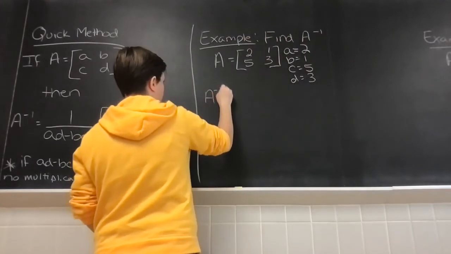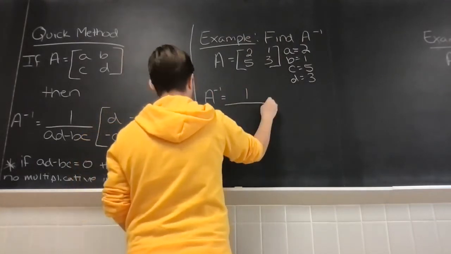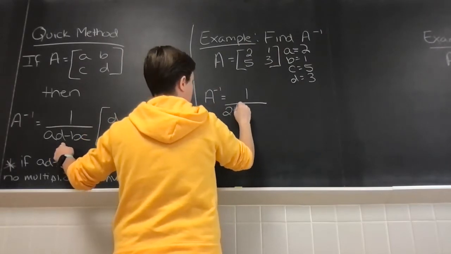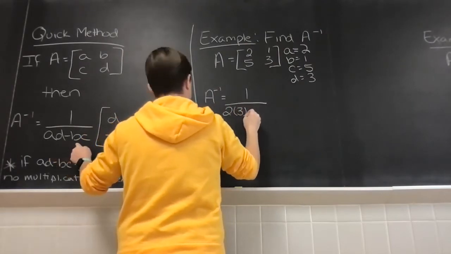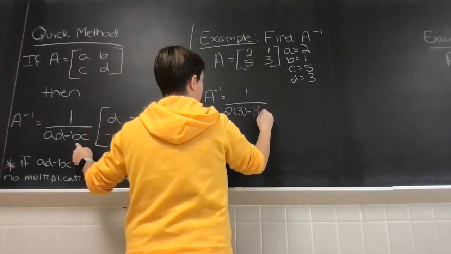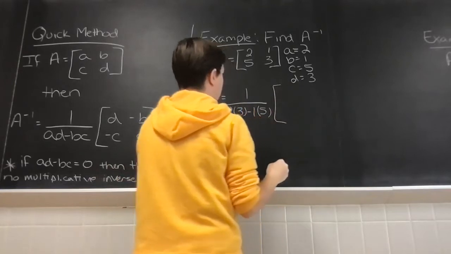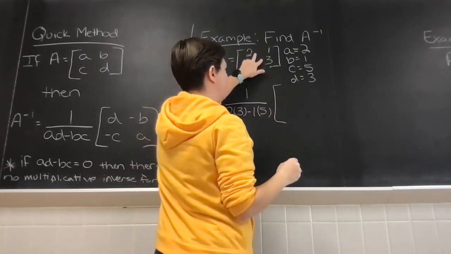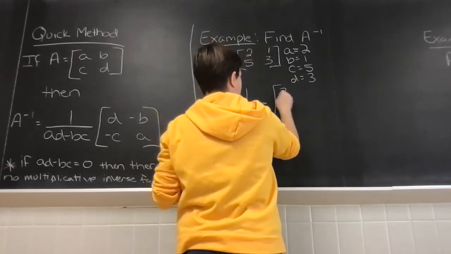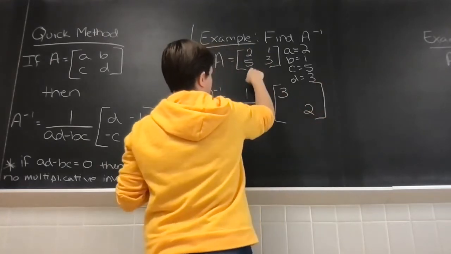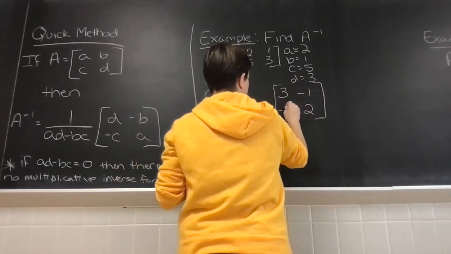So the multiplicative inverse of A is 1 over A, which is 2, times D, which is 3, minus B, which is 1, times C, which is 5, times, now here's where I take my matrix, and I'm going to flip-flop my A and my D, so it's going to be 3 up here and 2 down here, and then I negate my B and my C.